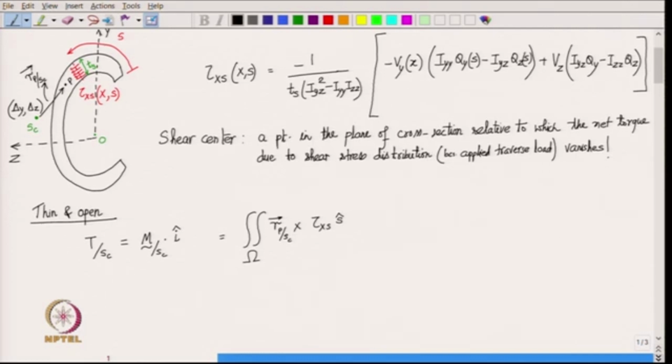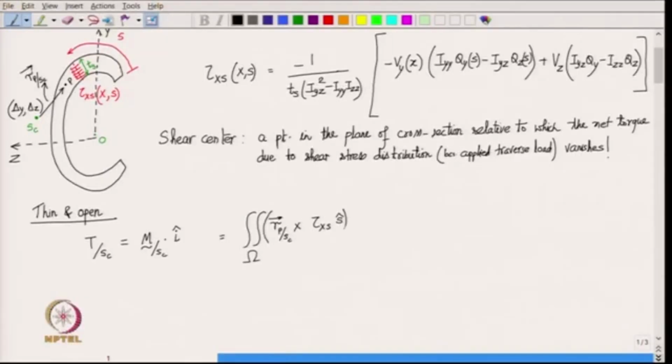Remember, s hat is the direction along the periphery of the cross section, is not it. So, this we dot with unit vector i to get torque, okay, dA. So, this is the torque about the shear center, and we have to say that it is equal to 0, all right.